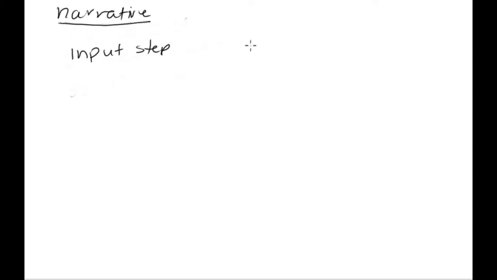Then we have the process step. Then we have the output step. Now we usually create what we call an IPO chart. IPO, input, processing, output.